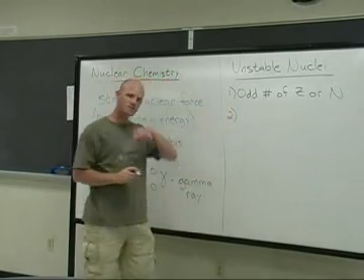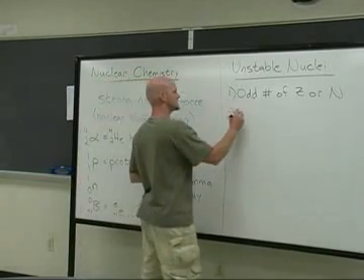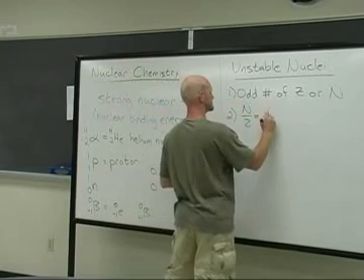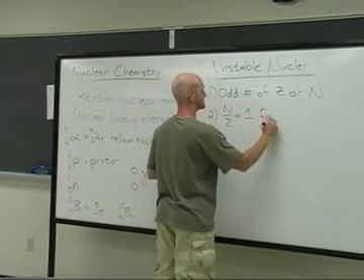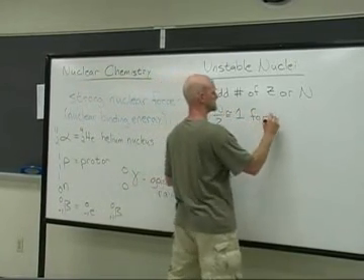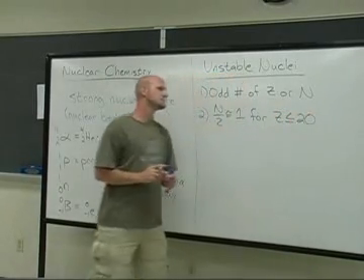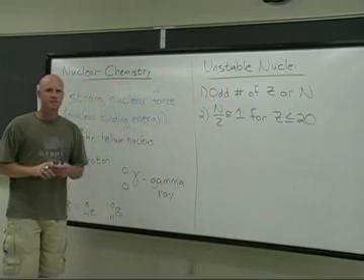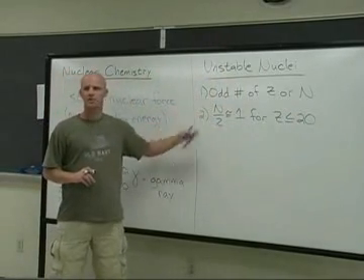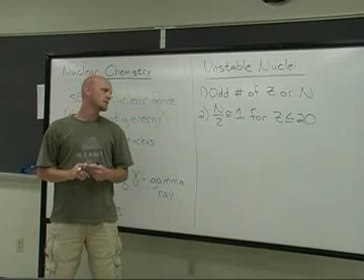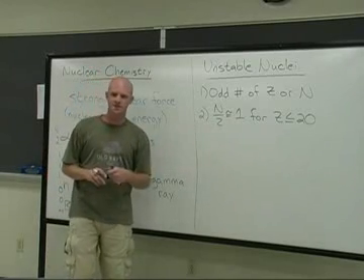So the next thing you're looking for is what's called the N/Z ratio. This N/Z ratio is the ratio of neutrons to protons. Again, the protons hate each other.